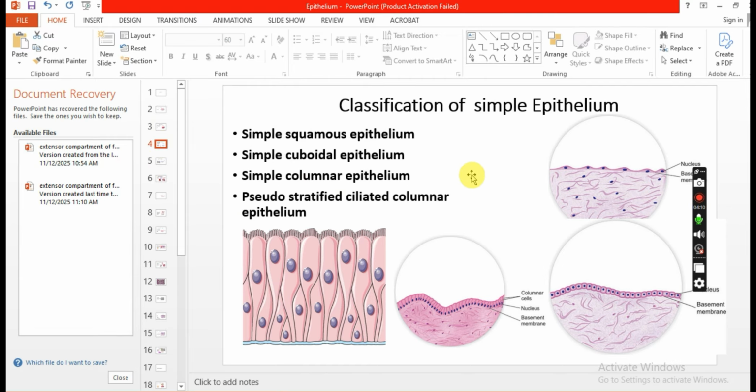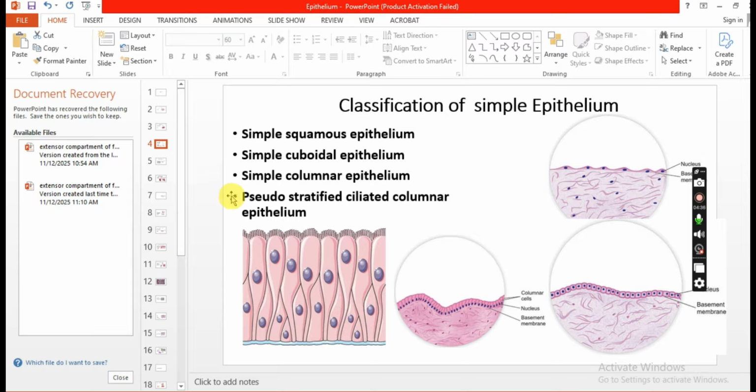So let's talk about the simple epithelium first. Simple epithelium means only a single layer of cells. That can be made of squamous cells, cuboidal cells, or columnar cells. Based on that, we call it simple squamous epithelium, simple cuboidal epithelium, and simple columnar epithelium.